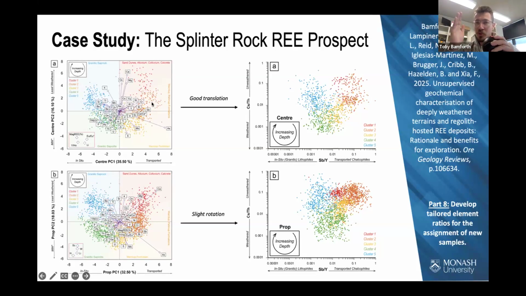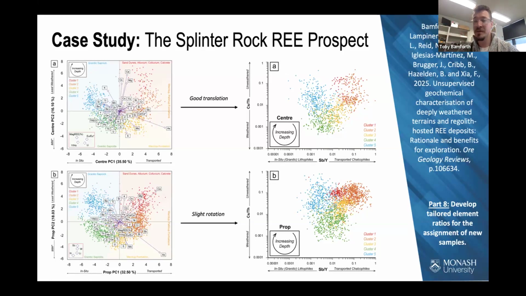Within reason, there's an art to selecting the right elements, but if you take the extremes of PC1, in this case antimony and yttrium along that line there, and of PC2, you can generally replicate the PCA results in a normal ratio plot rather than having to redo this analysis every single time. So now when you have a new sample, you can plot cesium, thorium, antimony, yttrium on that sample and see whereabouts it plots here. And it starts to help you infer what sample you're looking at.